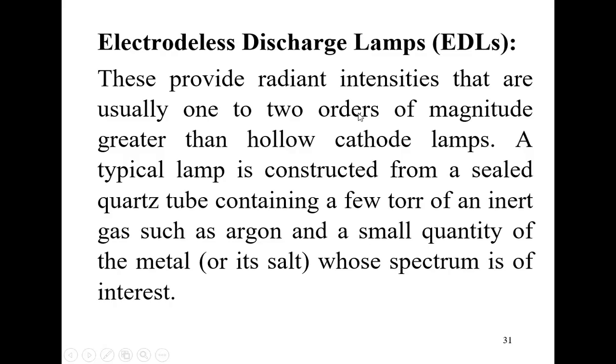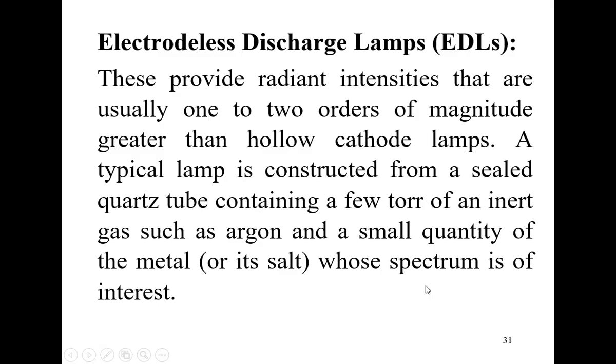Okay. So the electrode-less discharge lamps, EDLs, they provide radiance intensities that are usually 1 to 2 orders of magnitude greater than hollow cathode lamps. A little bit more intense. A typical lamp is constructed from a sealed quartz tube containing a few torr of an inert gas, such as argon, and a small quantity of the metal or the salt.